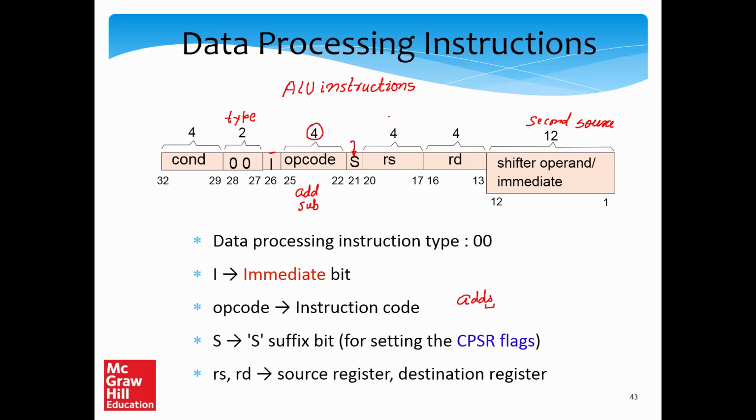Subsequently, we have the ID of the first source register. Since there are 16 registers, we need 4 bits to encode them. Then this is the ID of the destination register, RT. And the last 12 bits are reserved to specify either a shifter operand or an immediate.